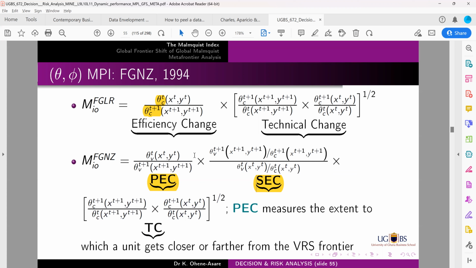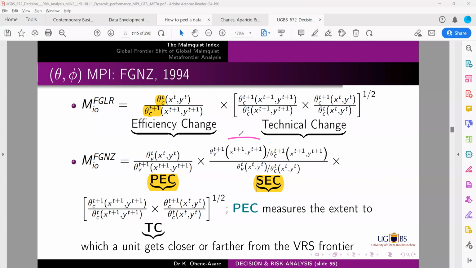Now, that means that if you take the pure efficiency change and multiply it by the scale efficiency change, the numerator here will cancel this one. Okay. If you check this very one here, let me try and see if I can show you.